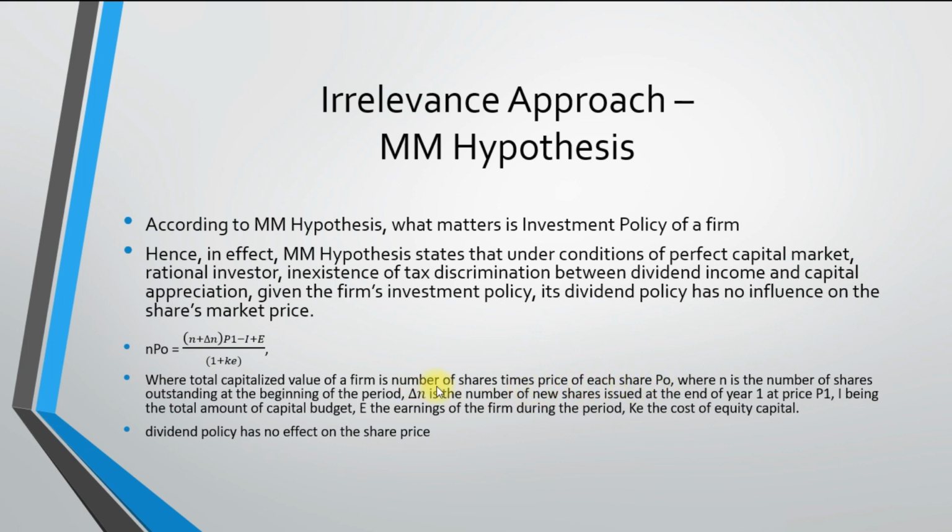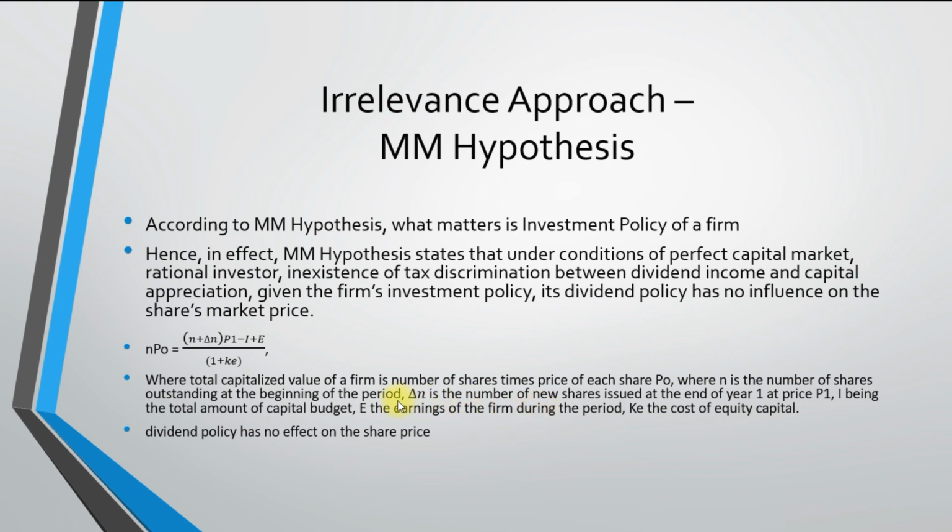So nP0 is basically that product, which is actually the total capitalized value of a firm, where n is the number of shares outstanding at the beginning of the period, delta n is the number of new shares issued at the end of year 1 at price P1, I being the total amount of capital budget, E the earnings of the firm during the period, and Ke the cost of equity capital.